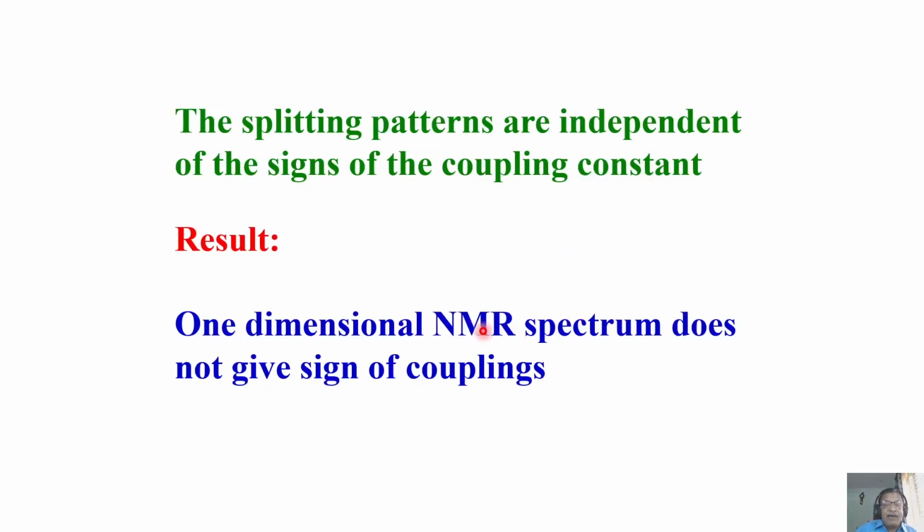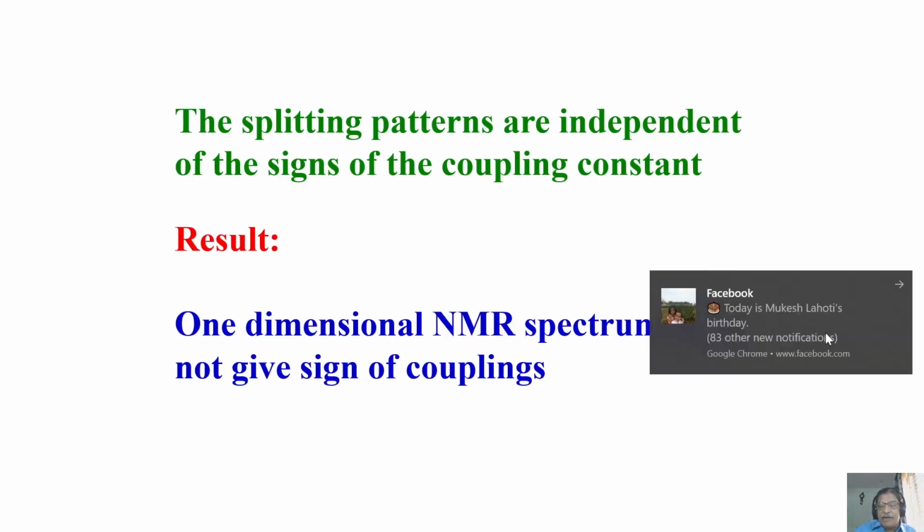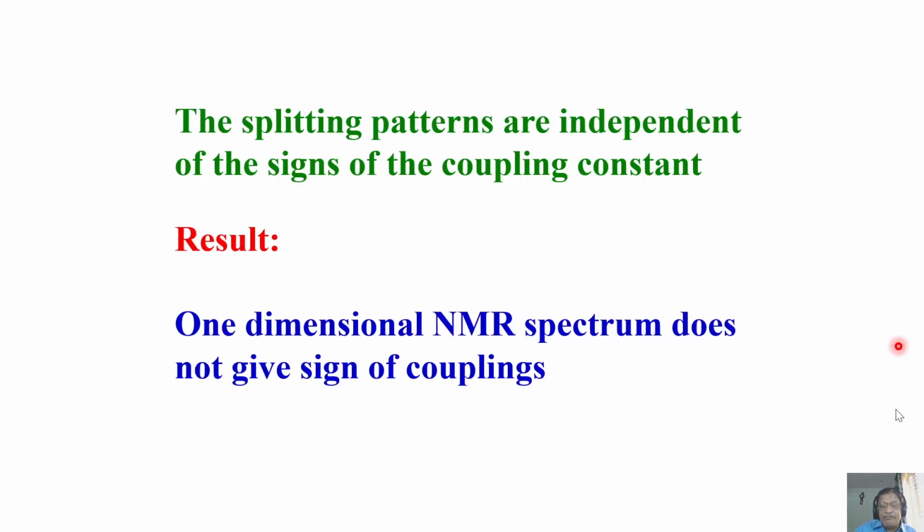So the splitting pattern is independent of the sign of the couplings. Please remember that, and so a one-dimensional spectrum will not give you information on the sign of the couplings.